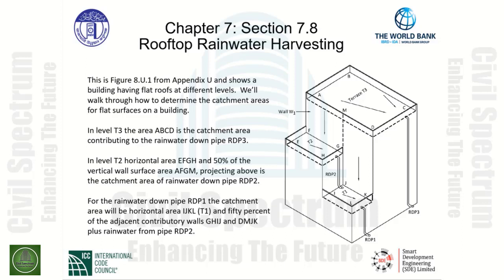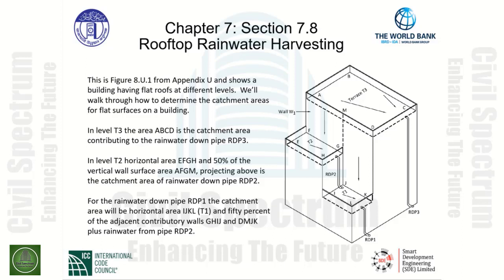indicated T1. For the rainwater downpipe, RDP1, the catchment area will be the horizontal area, IJKL as indicated, and 50% of the adjacent contributory walls as GHIJ and DMJK, plus the rainwater from pipe RDP2.